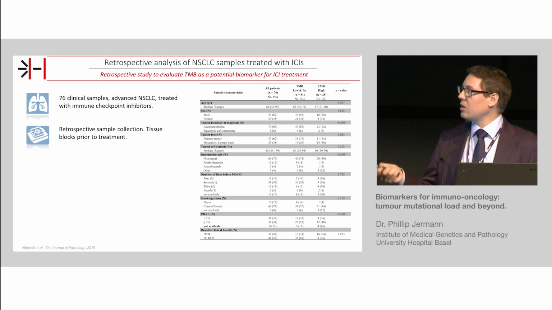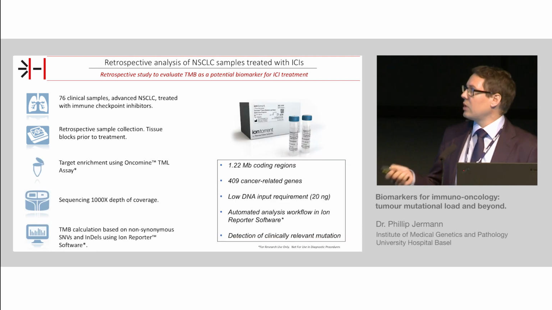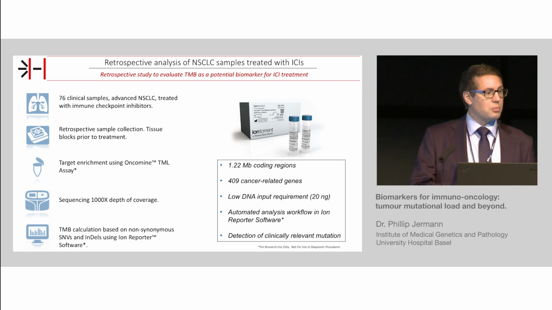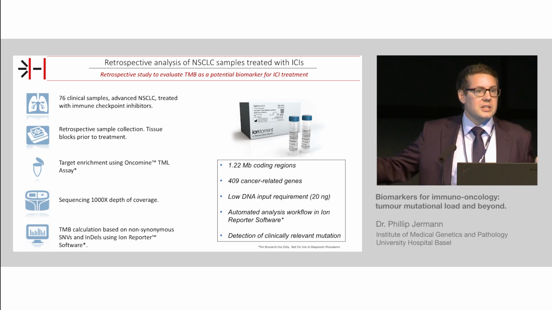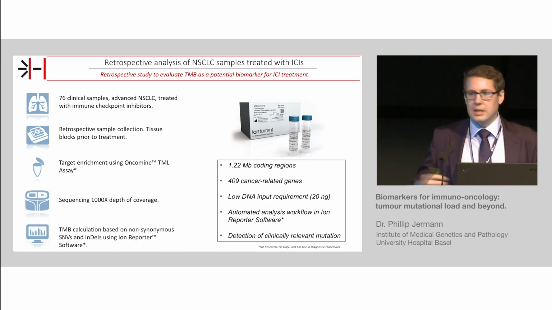So we went back to the archive and collected biopsies from these patients prior to treatment. We then extracted DNA and we assessed the tumor mutational burden status by using the Thermo Fisher Oncomine Tumor Mutation Load panel. The reason why we use this is because we are already running other Oncomine panels in our workflow.